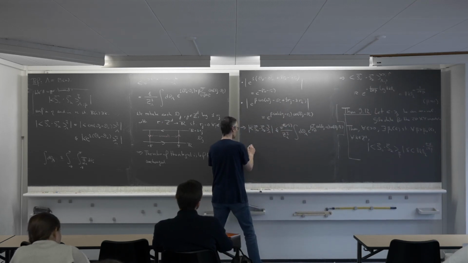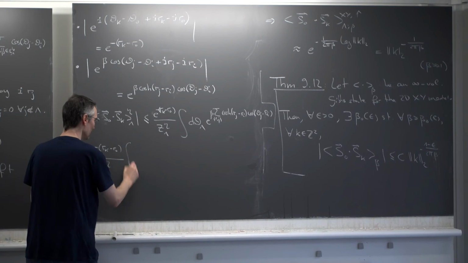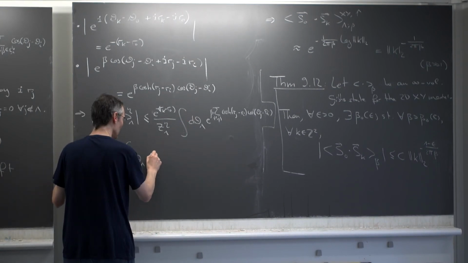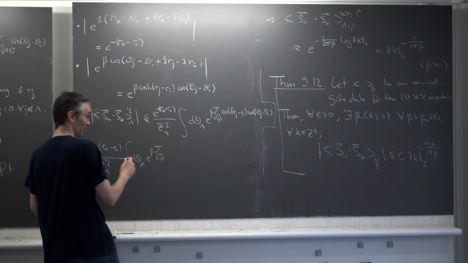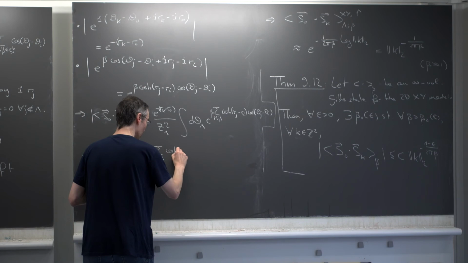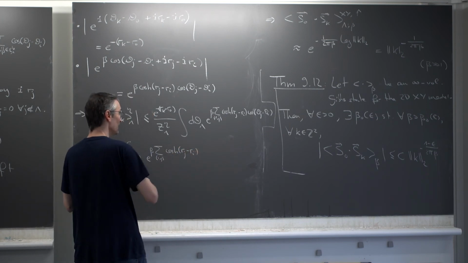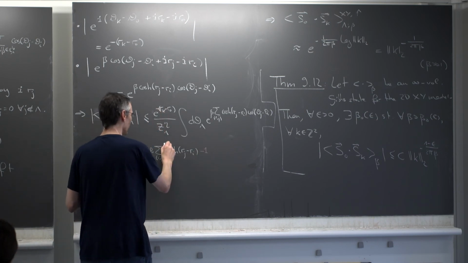So this is equal to e^{−(r_k − r_0)} over the partition function, integral dθ_Λ. And this I will slightly change. So it's e^{β sum over all edges ij as usual of [cosh(r_j − r_i) − 1] cos(θ_j − θ_i)}. And now I'm subtracting 1 here.